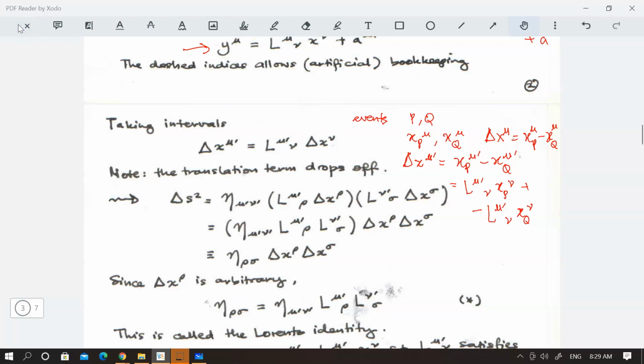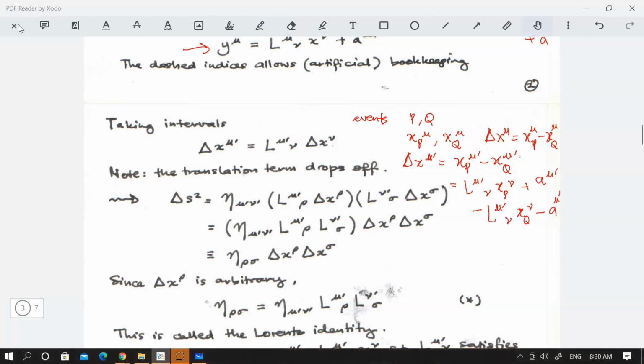So this is a^μ dash and this is minus a^μ dash. And you can see that this drops off. So that's why when you do the interval, the constant that we add to the coordinates just drops off, and then you just have that.